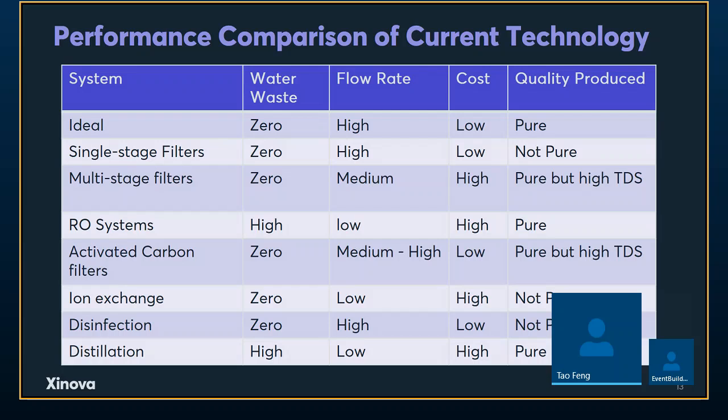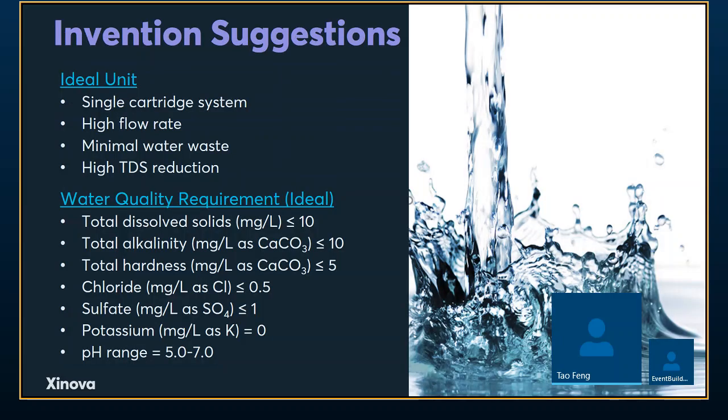That takes us to the next slide, the invention suggestion slide: what exactly we're looking for in this RFI. Here is the list of features for the ideal unit. It should be a single cartridge system with high flow rates, minimum water waste, and high total dissolved solids reduction.